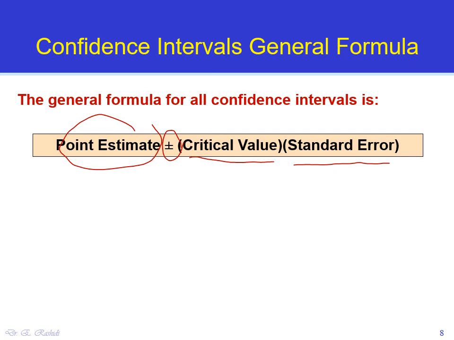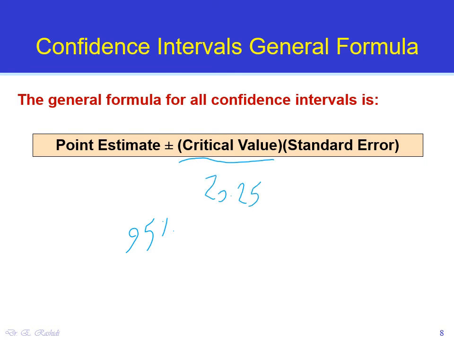The plus sign would give us the upper level range, and the minus sign would give us the lower level range. Critical value is just the values computed from the Z table. For example, we want to compute the 95% confidence interval, then we have to find the Z of 5% here, or the Z of 0.025 here. So this is called critical value.